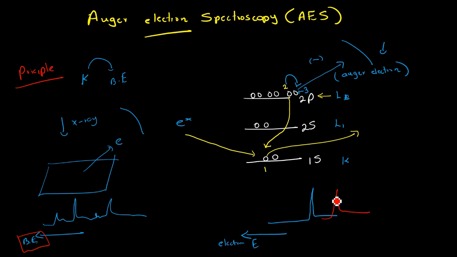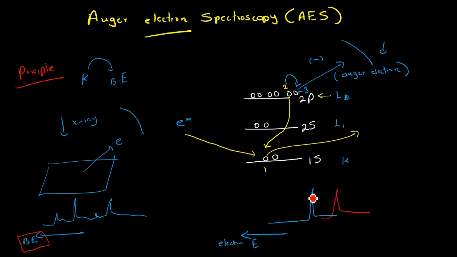So now I hope you get the idea, right? When your surface becomes more positive, it will affect your Auger electron. The Auger electron will feel more attraction to the surface, so it will have to spend more energy on the surface in order to be released. So your instrument will catch the Auger electron with relatively low energy.